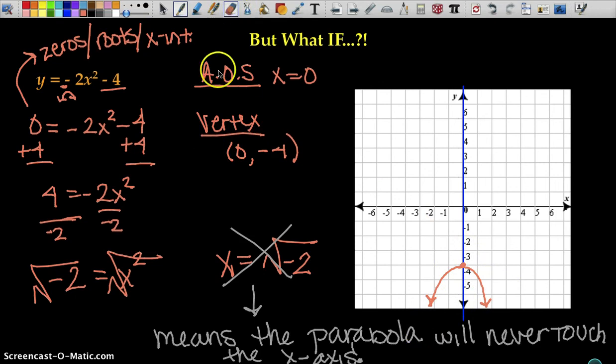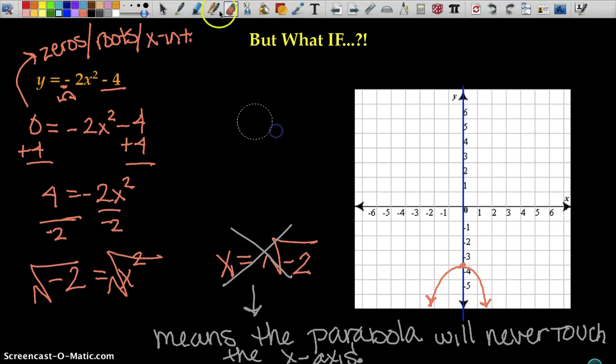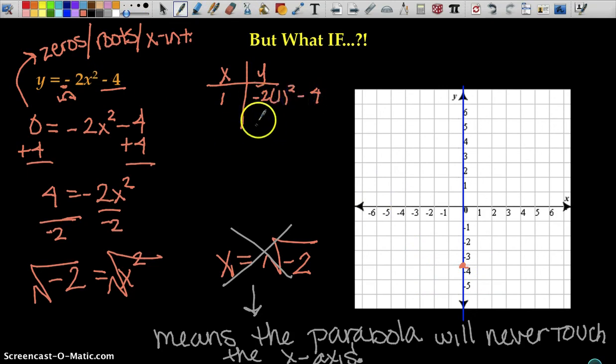So now we're going to come back and do that t-chart like we would, because we can't find any zeros. Let's go ahead and just put in the number 1. And remember, because it's symmetrical, we're just going to repeat it on both sides of our vertex. If we put in 1 for x, we would get -2 times 1 squared minus 4, which would give you -2 times 1 minus 4, which would give you -2 minus 4, which would give you -6.